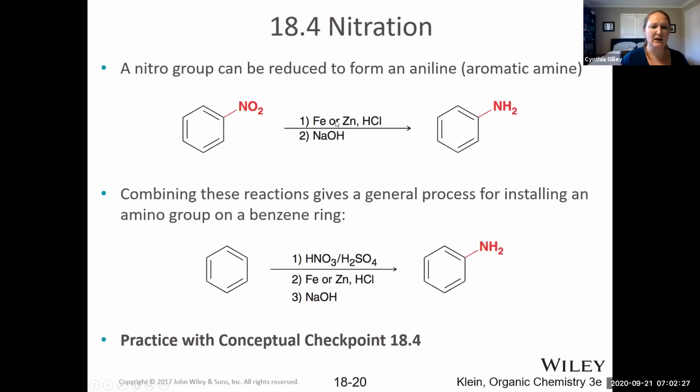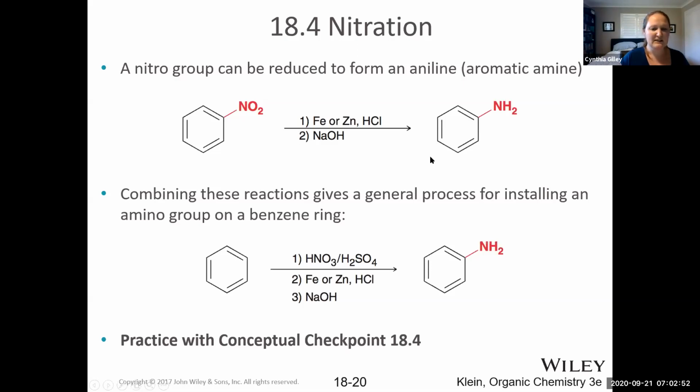So if we use iron metal or zinc metal with an acid catalyst, we can reduce the nitro group. The initial product would be the protonated amine, or what's called the ammonium ion. So the second step is actually a basic workup in order to deprotonate the ammonium ion to reform the neutral amine, which is more easily isolated for an organic chemist.